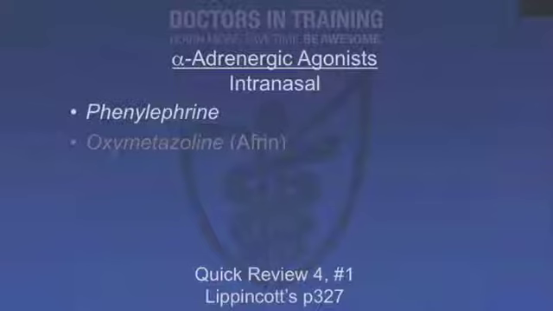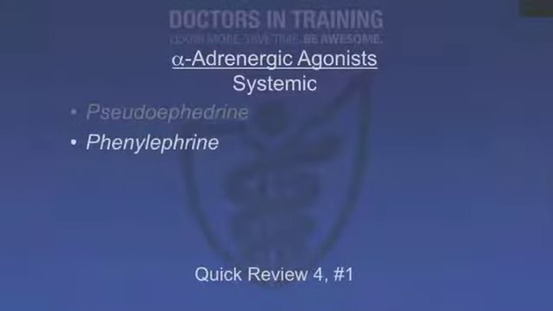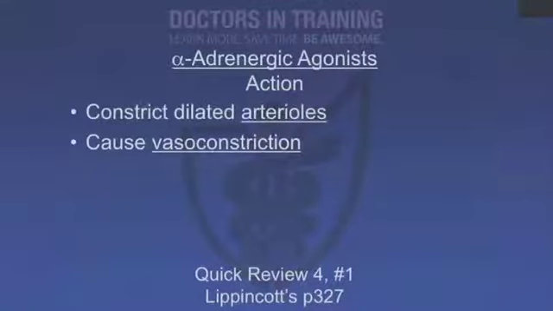Your alpha-adrenergic agonists are broken up into 2 categories, the ones given intranasally, like phenylephrine and oxymetazoline, and the ones that are given systemically, like pseudoephedrine and phenylephrine. So this is like Sudafed. So the way these drugs work with allergic rhinitis, you have dilated arterioles in the nasal passageways.